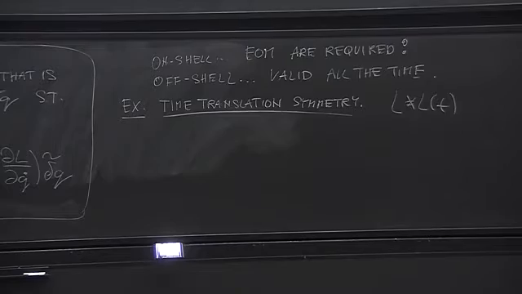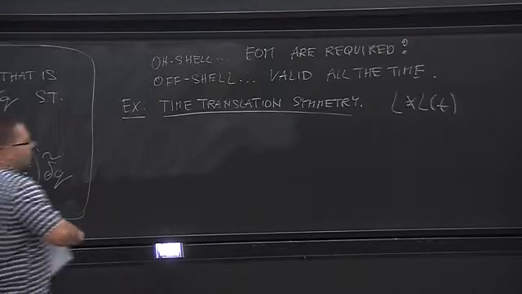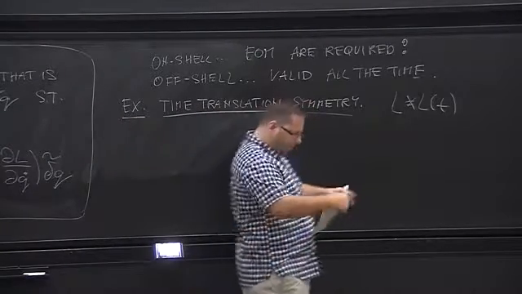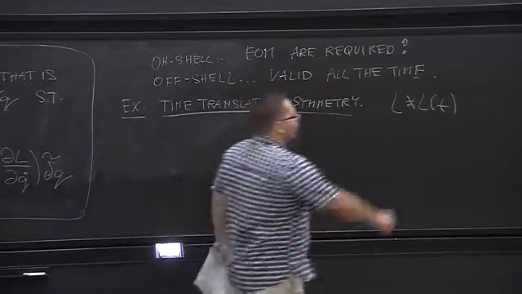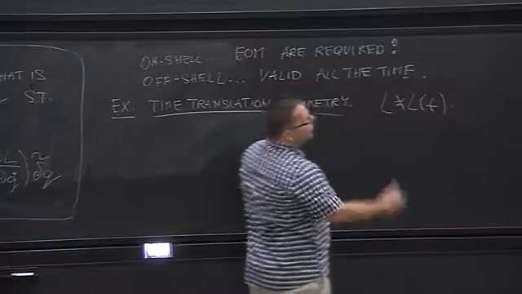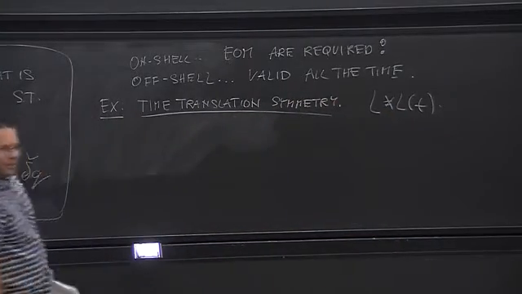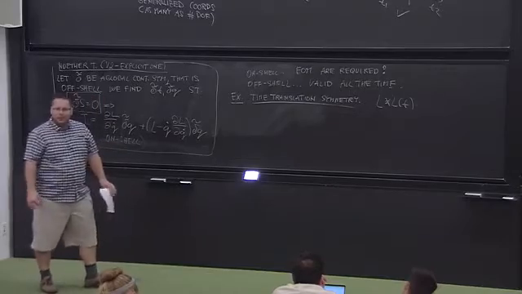You can still depend on time through q and q dot, but it's not an explicit function of time. So if that is true, then what is my delta tilde t and what is my delta tilde q? What do you think?